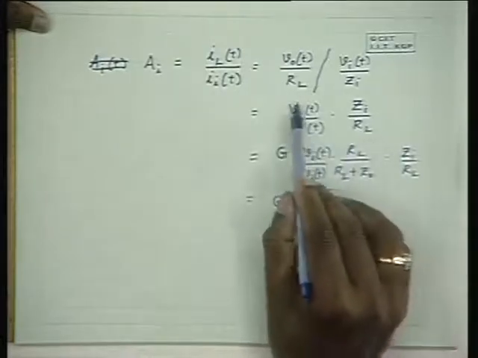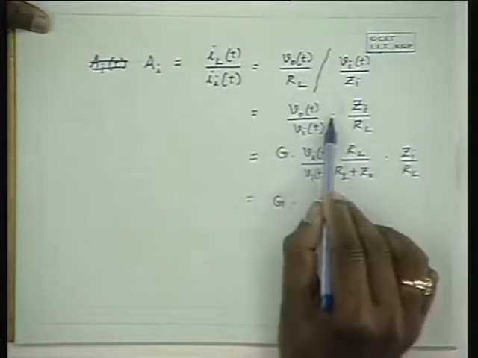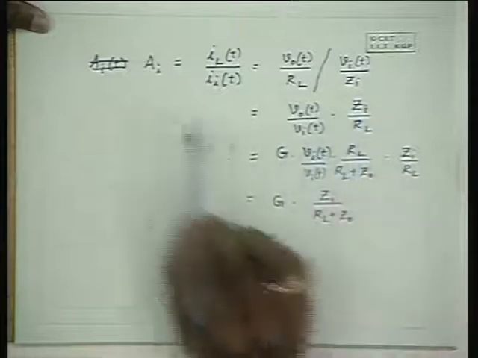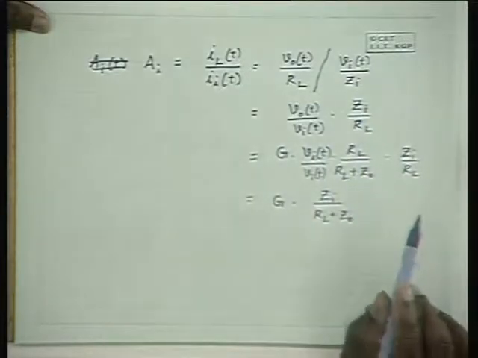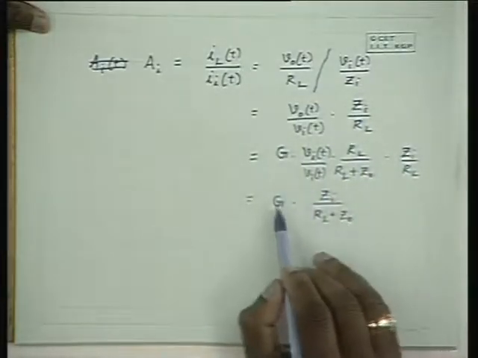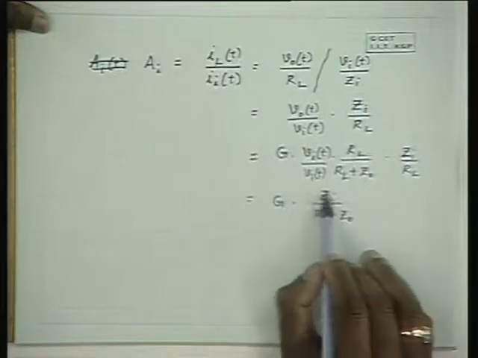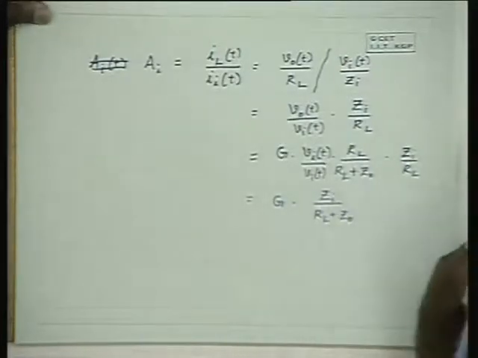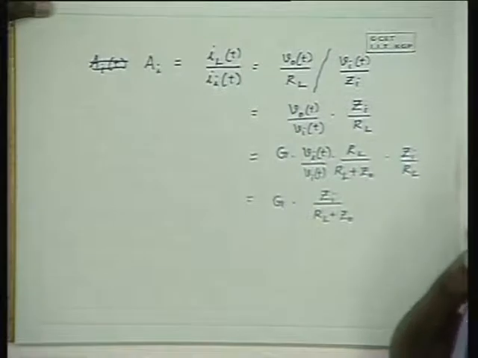If the gain under loaded condition is given, then this multiplied by Zi by RL gives you the current gain, and the same thing is equal to gain under no load condition into Zi by RL plus Zo. Is it clear?